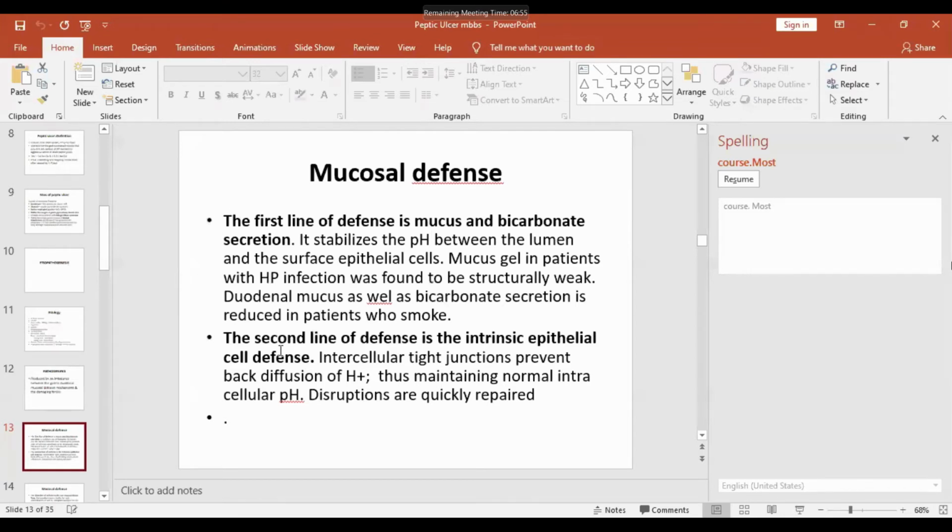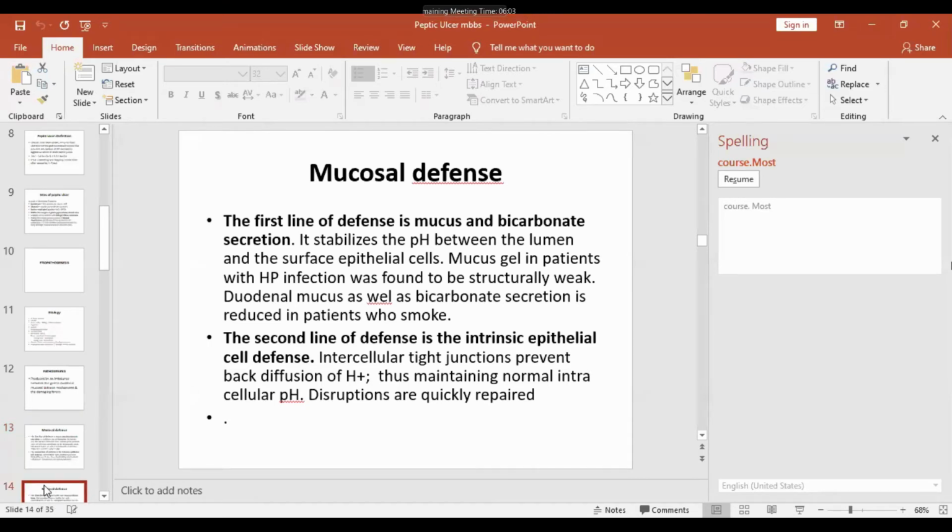Now the second line of defense is intrinsic epithelial cell defense, that is the intercellular tight junction. This prevents back diffusion of hydrogen, thus maintaining a normal intracellular pH, and any disruption is quickly repaired. So the first line of defense is the mucus layer, bicarbonate secretion and surfactant. The second line is the intrinsic epithelial cell defense, the intercellular tight junction.